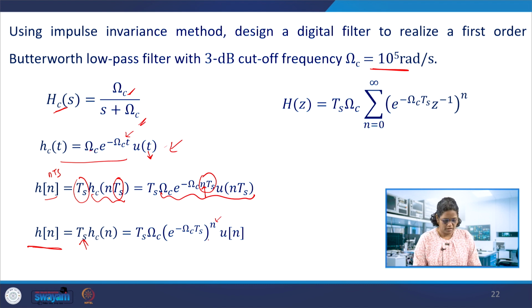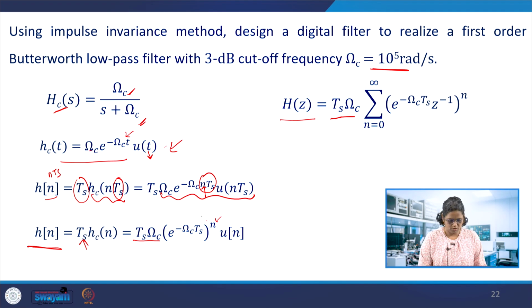Now to get the transfer function of this filter, we have to get the z transform of it. Ts is common here, omega c is also a constant, so we can take them out of the summation. n varies from 0 to infinity because the signal is u of n, a step signal which exists from 0 to infinity.